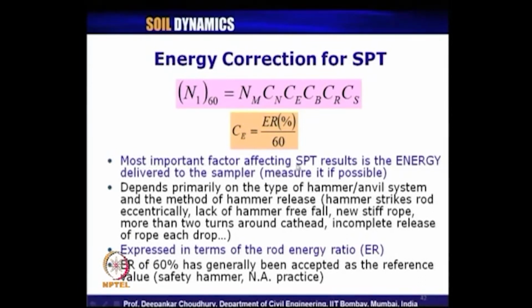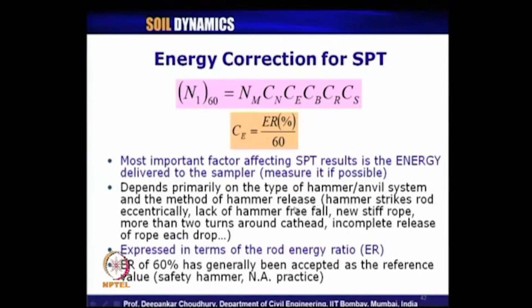The most important factor affecting SPT results is the energy delivered to the sampler, and if possible, one should measure it, that is, how many blows we are putting in per minute. It depends primarily on the type of hammer, whether anvil system etc., and the method of hammer release, that is, whether the hammer strikes the rod eccentrically, lack of hammer free fall, new stiff rope, more than 2 turns around the catch head, or incomplete release of the rope in each drop.